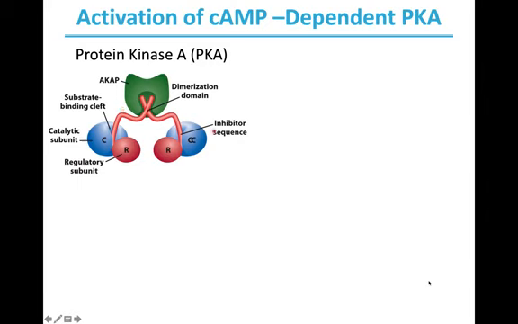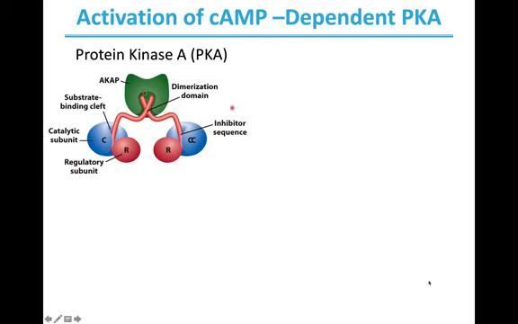It has two blue colored domains called as the catalytic subunit domains and a red colored domain called as regulatory subunit domain. Now the regulatory subunit domain dimerizes at the AKAP domain.